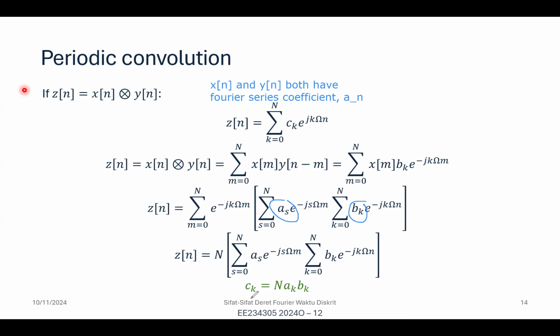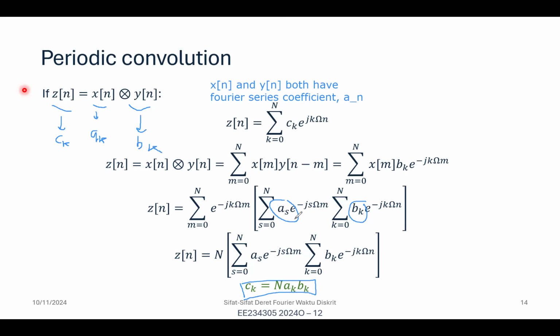And it turns out that the Fourier coefficient of zn, which is ck, is actually N, the period, times ak, the Fourier coefficient of the signal xn, times bk, the Fourier coefficient of the signal yn.